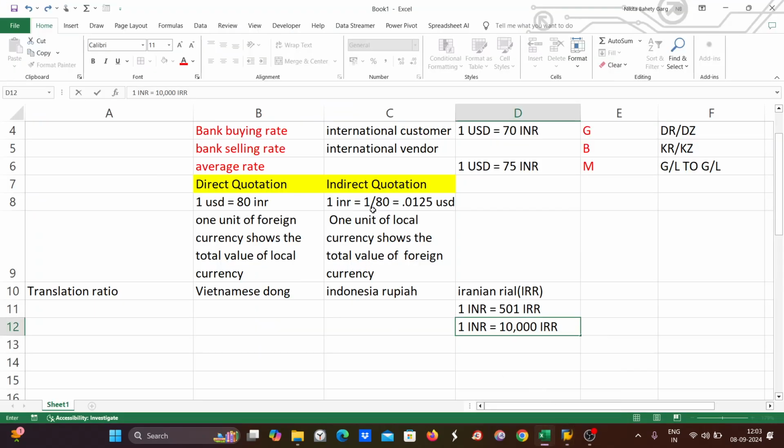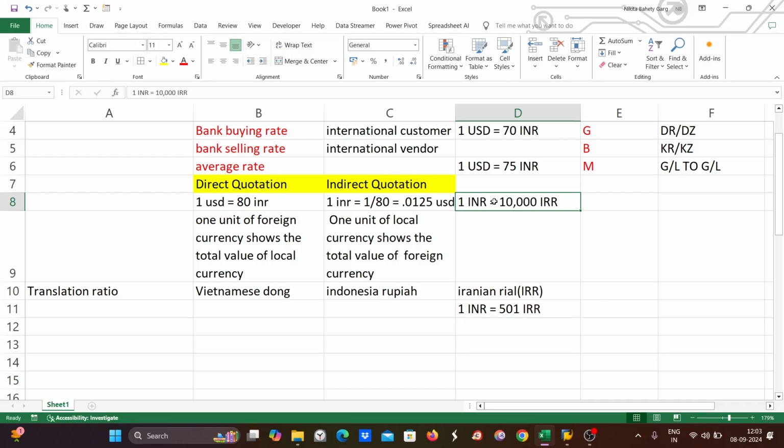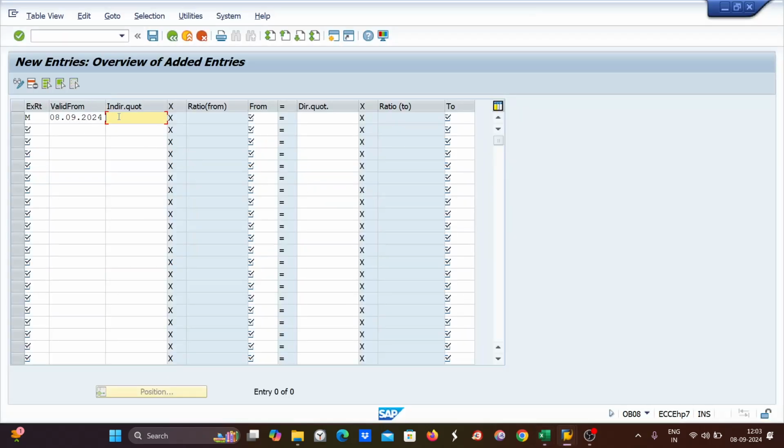Because as I told you in the last class, if 1 unit of foreign currency shows the total value of local currency, we maintain direct quotation. But here it is vice versa, where 1 unit of local currency shows a total value of foreign currency, correct? So we will maintain indirect quotation, so we will write down here 10,000.